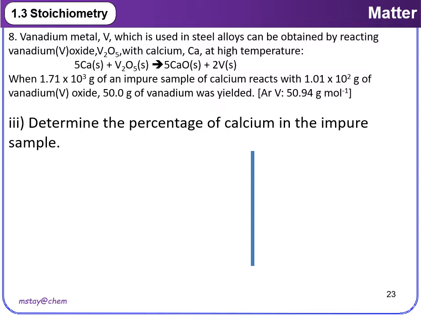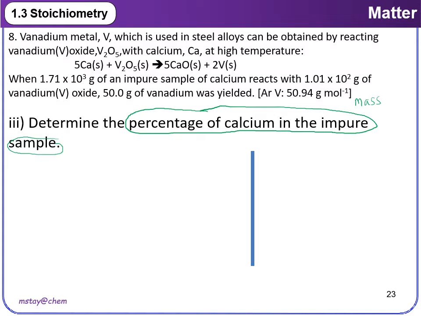Part 3 of the question asks us to determine the percentage of calcium in the impure sample. So basically it means that we have to find out the mass of calcium over the mass of sample and then multiply by 100%.